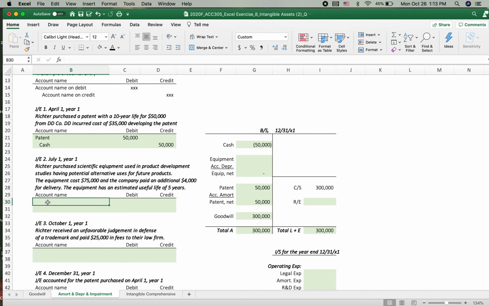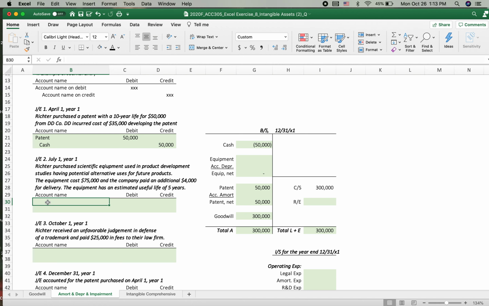And Richter purchased scientific equipment used in product development studies having potential alternative use for future products. The equipment cost is $75,000, and the company paid an additional $4,000 for delivery, which is freight-in cost. The equipment has an estimated useful life of 5 years.